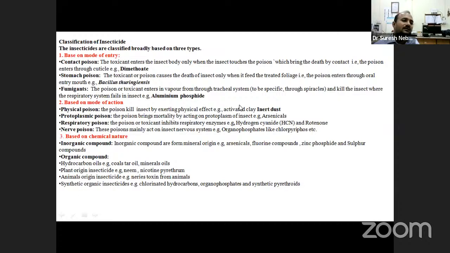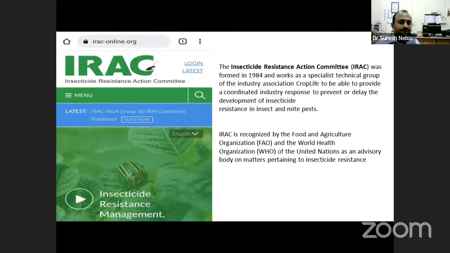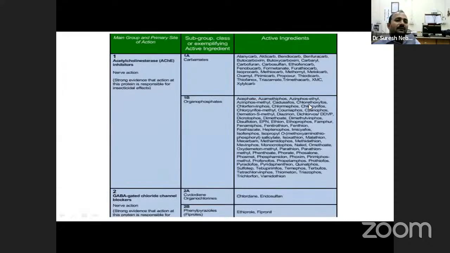You have covered all these things in your classes, so I'm not going into detail. Next is IRAC. Here is the significance: if you go to the website of IRAC and find their mode of action classification, they have given main groups and subgroups.